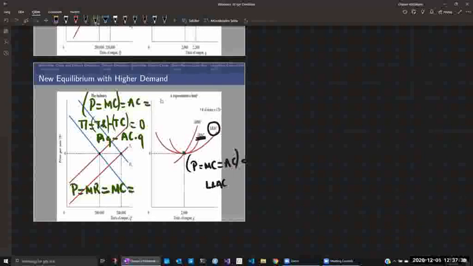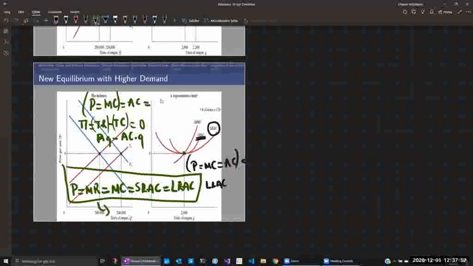And in the long run, this marginal cost will be exactly equal to short run average cost. And since the scale will be optimally chosen, it will also be equal to long run average cost. And it also says that there is no excess profit in a perfectly competitive market.